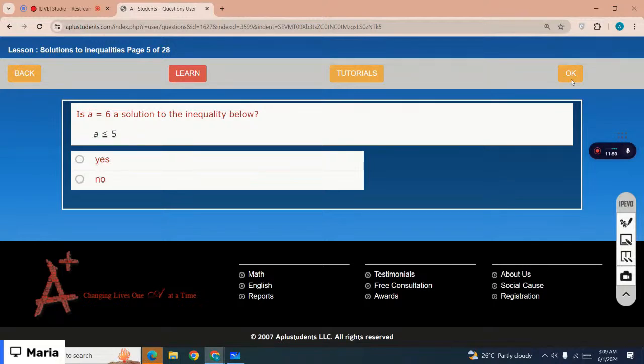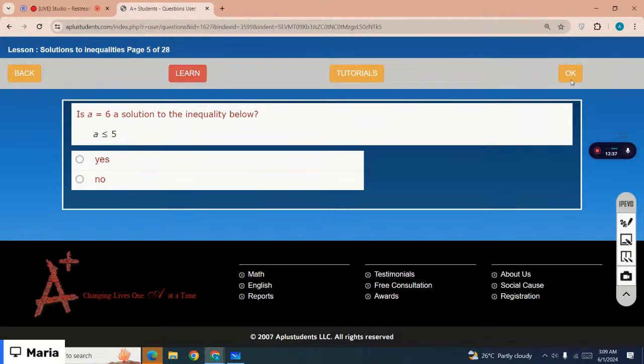Is a equals 6 a solution to the inequality below? So which is the correct option? The inequality is a is less than or equal to 5. 6 is less than or equal to 5?